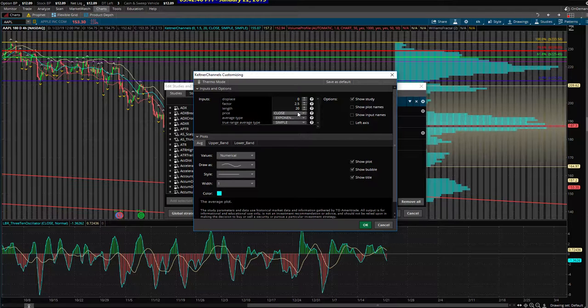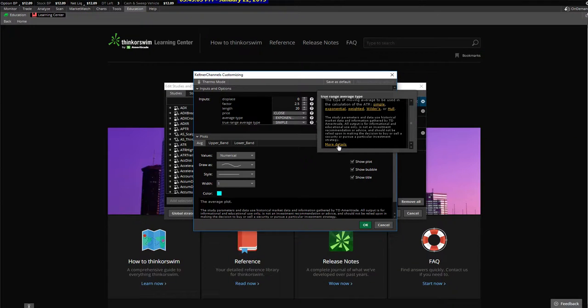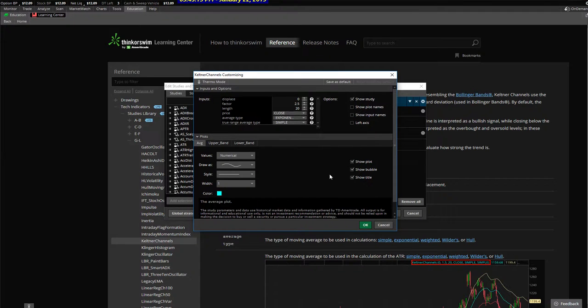So that might be a 14, but you can always look at these. Oh wait, average true range type. Let's see, this study makes historical data. You can hit that more details button, and it takes you to more information about your particular question there.